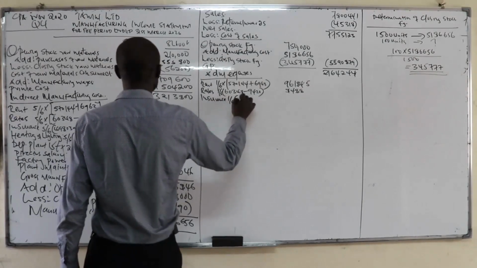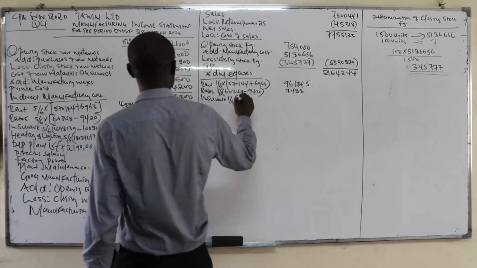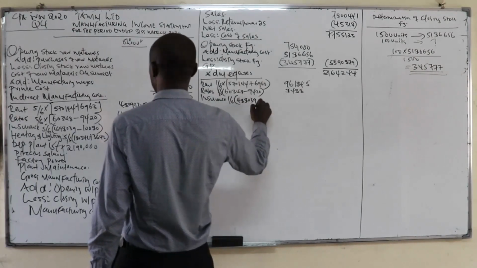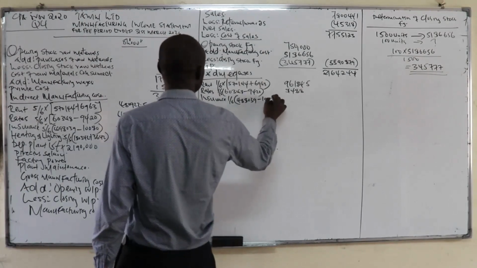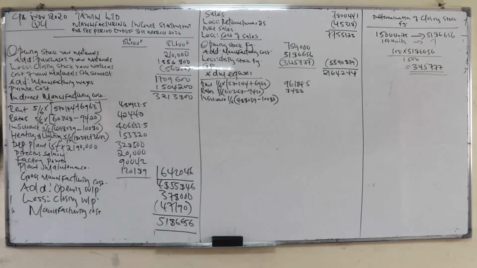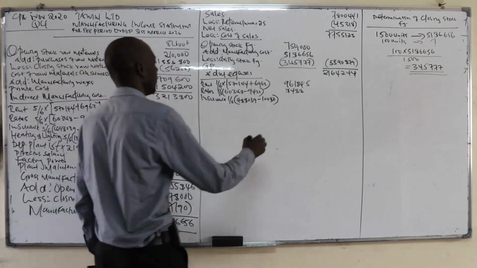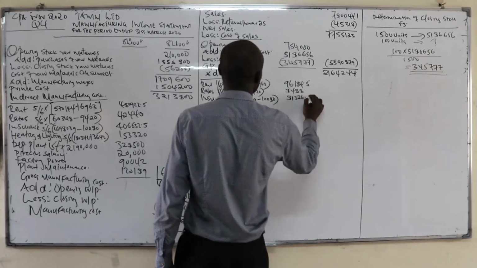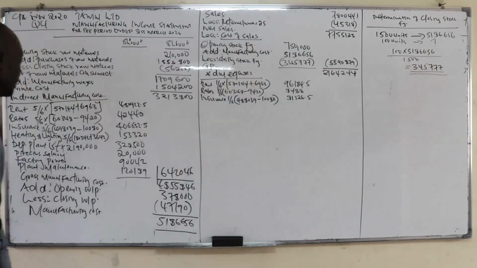Insurance, we have 1 out of 6. It was 48,80,39 minus 10,080. How much do you get? 81.5.